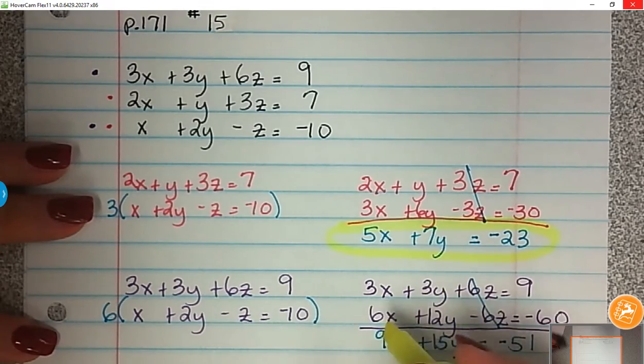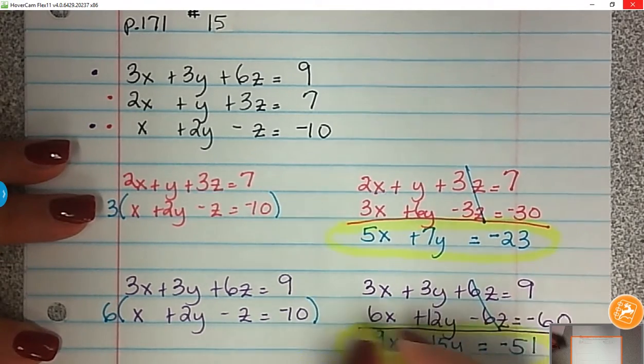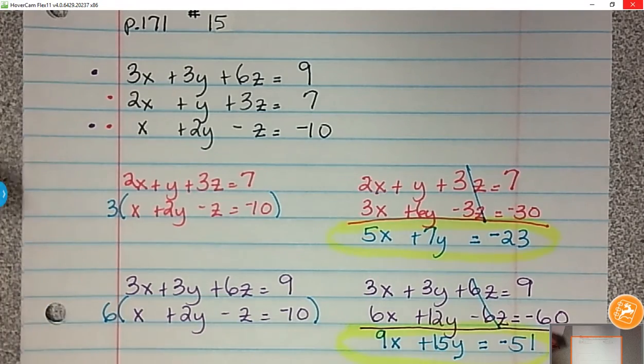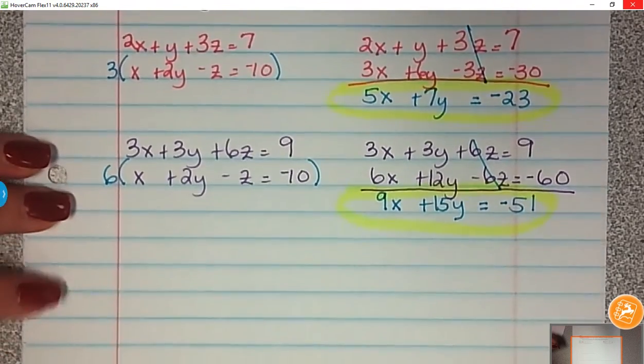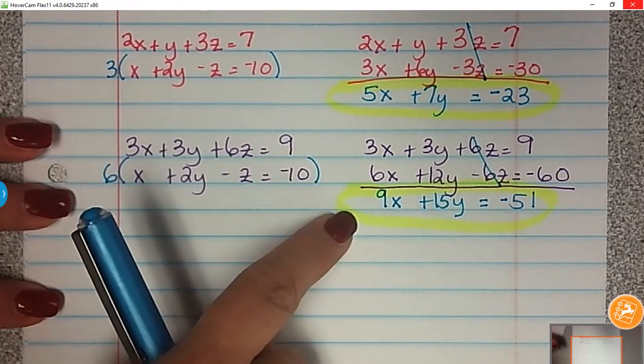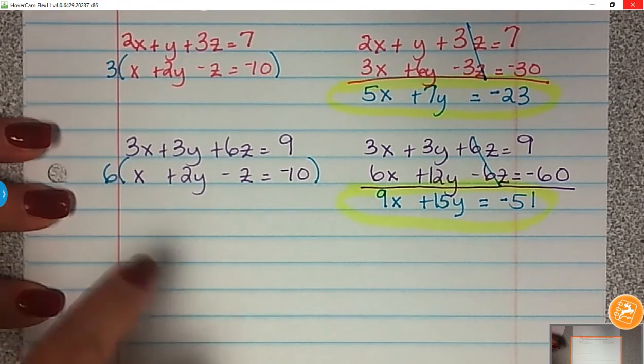And these numbers aren't coming out quite as pretty as I would like for them to be. And that's not a problem, it just means the rest of my work is going to have larger numbers in it. So now, these 2 new equations, I'm going to recopy those here.